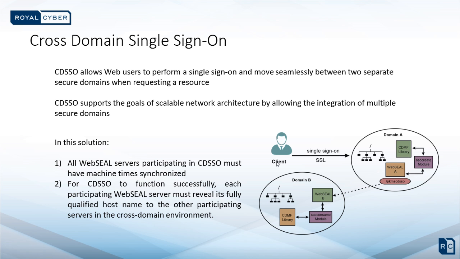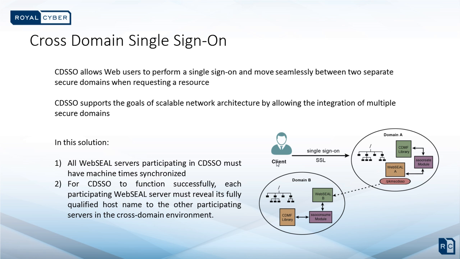As for the process, all the WebSphere servers participating in the cross-domain single sign-on must have the same machine times, and the time on the machines must be synchronized. Otherwise, the authentication servers will fail the authentication if the time difference between those servers is too large.